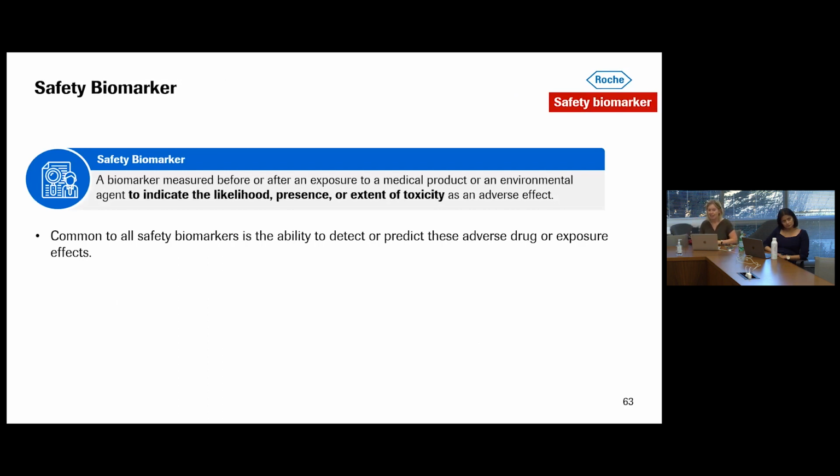I think this is a new question from Alice. Would a pharmacogenomic marker be considered complementary? For example, a CYP2C19 gene variant in clopidogrel. I think that's what it means. That's a question for Rhea. Yeah, I think so. Yes.